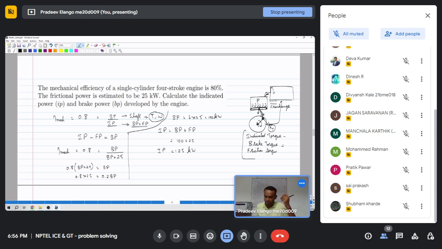In this case, the mechanical efficiency is 80%, which means 20% of the energy obtained from the gas is lost in friction. So maybe the designer can think of improving this to say 85%, 90% by designing a good frictional surface and good lubrication system.